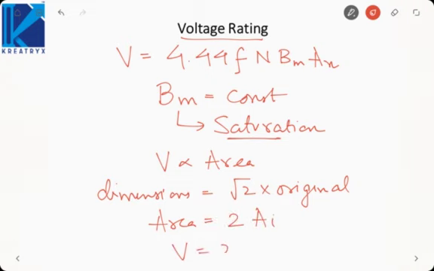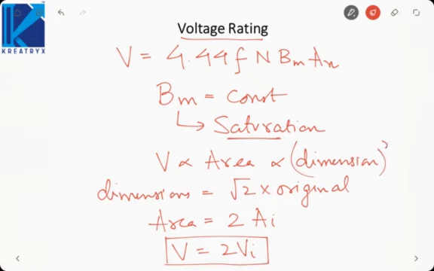So voltage will also become 2 times the initial voltage. That is how voltage rating varies with the dimension of a transformer. It varies as the dimension square, or it varies directly proportional to the area.